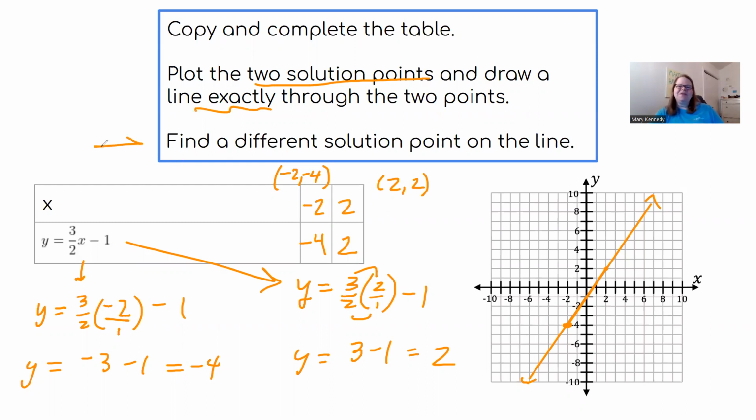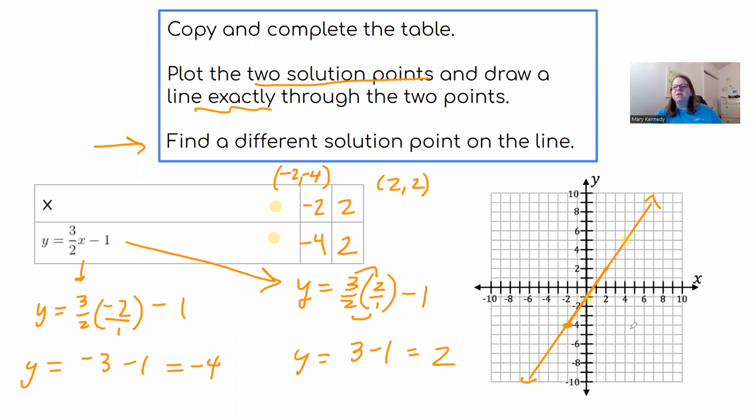And then it says find a different solution point on the line. So a couple of ideas with that. It says find a solution point on the line. So to me, it looks like it's saying find a spot on this line itself. It's not saying pick a third x value and plug in to get y. So as I look, it looks like it crosses here on an exact nice coordinate.